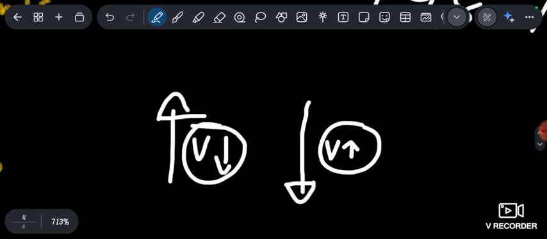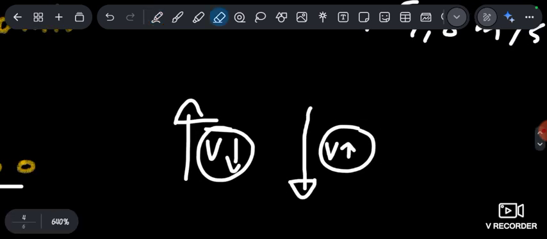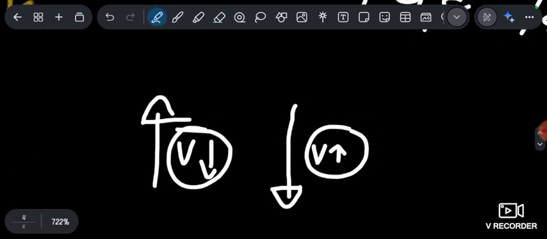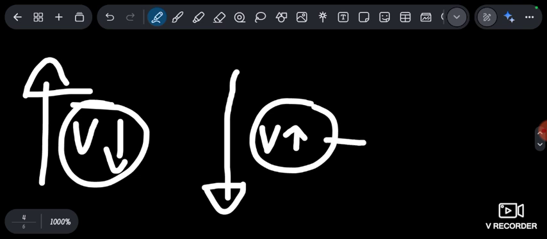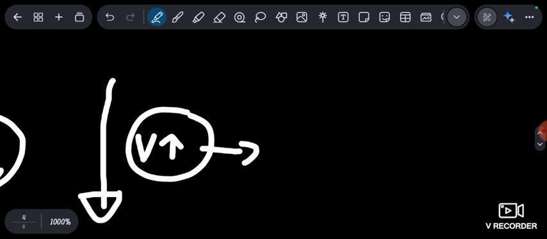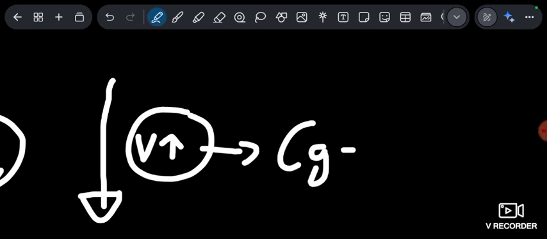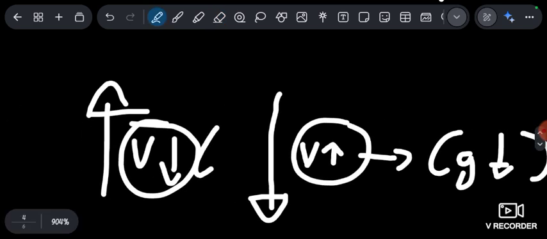We could think about it like this. The gravitational acceleration is going down, and the gravitational acceleration here is going down.